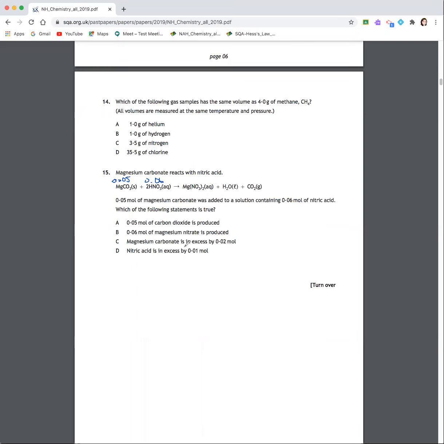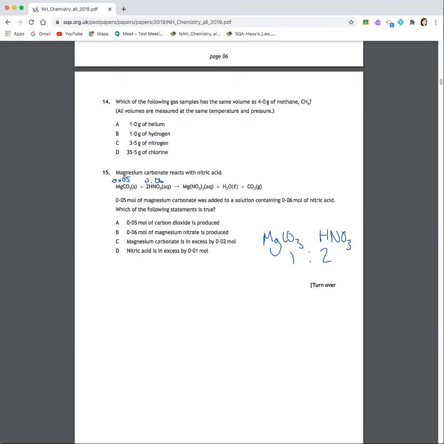Also, you'll notice the possible answers mention excess, so you need to really work out which is the limiting reactant first of all. So if we take the magnesium carbonate and nitric acid and use the mole ratio, so it's a 1:2 ratio.